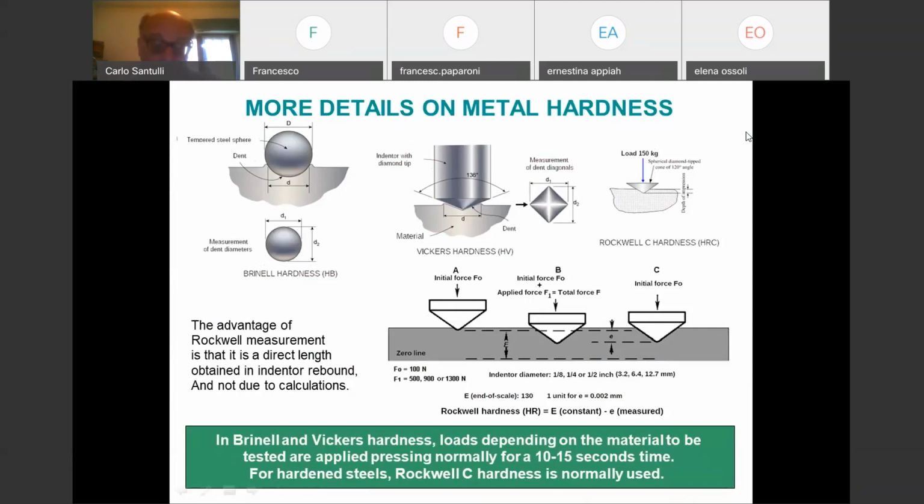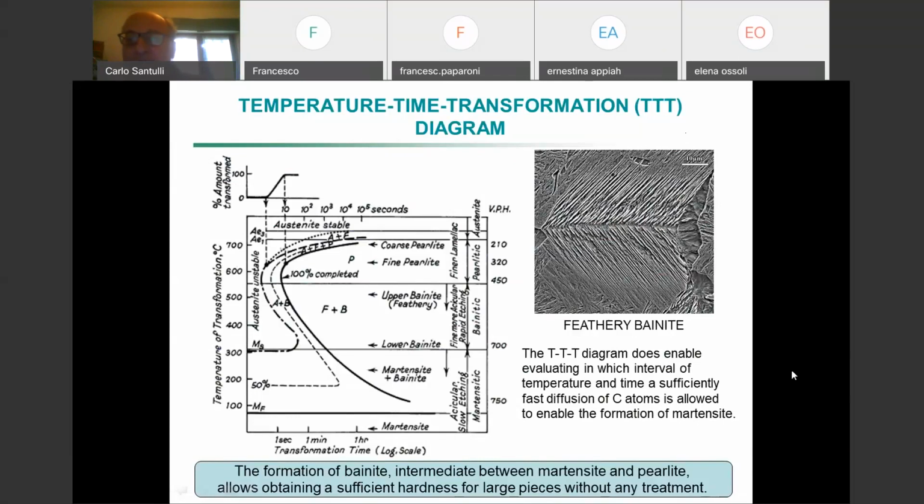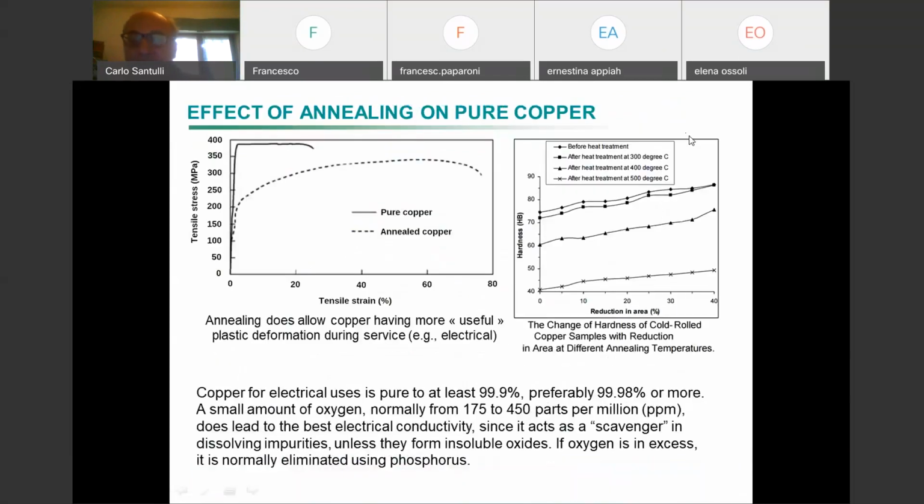And I was talking about heat treatment. Heat treatment means that we have temperature and we try to transform one phase into another by using a definite time.